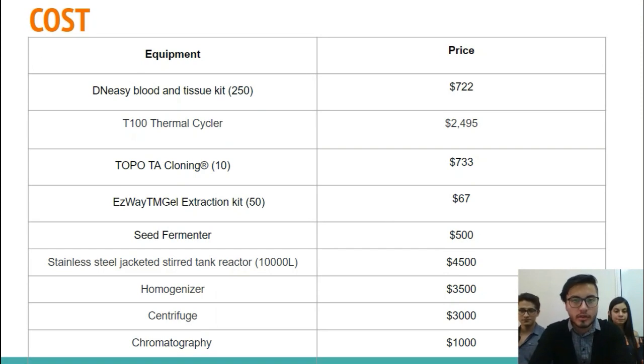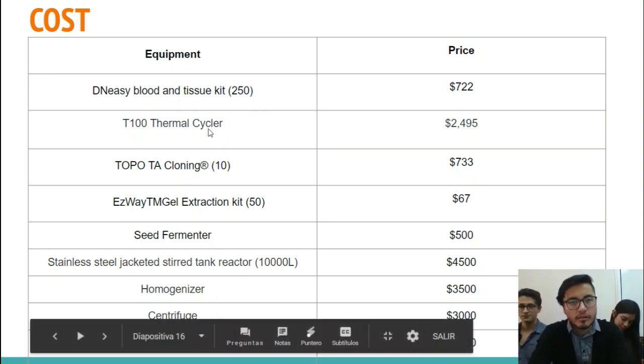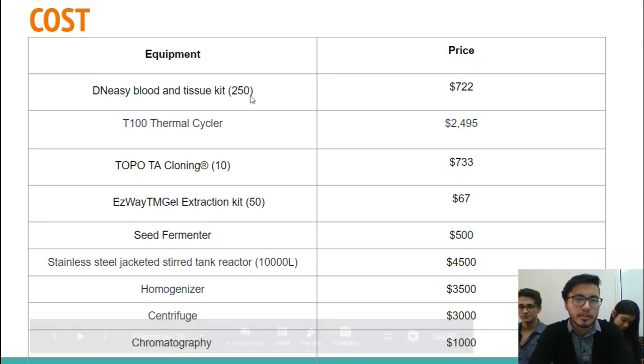Now it's important to take care about the cost of this whole procedure. For almost every step in the diagram we propose, there was a machine, for example for the chromatography, the homogenizer, the centrifuge, the fermenters.